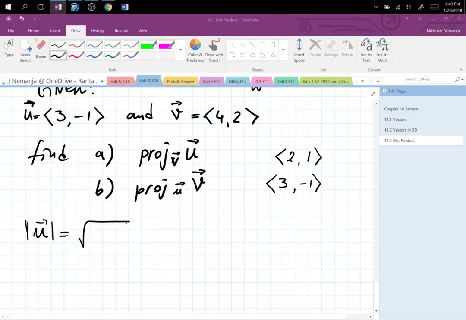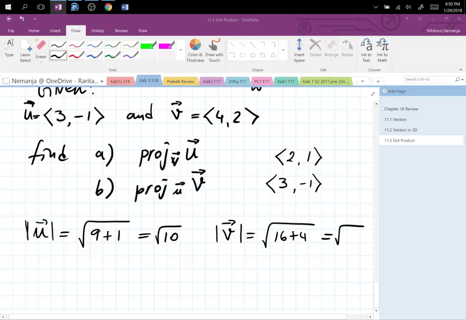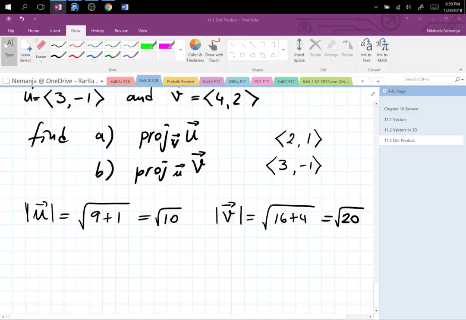Okay. So we have 9 plus 1, so the magnitude of u is root 10, and the magnitude of v is 16 plus 4, which is square root of 20. Now you'll see why I want this later. Now, let's go to the projection.